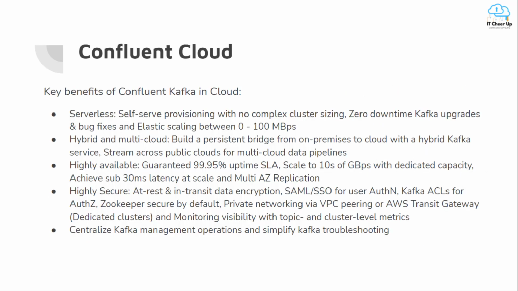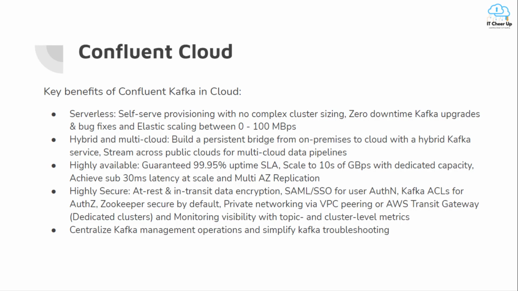Here are the key benefits of Confluent Cloud. It is serverless. It provides self-serve provisioning with no complex cluster sizing, zero downtime Kafka upgrades, bug fixes, and elastic scaling between 0 and 100 Mbps. It supports hybrid and multi-cloud.